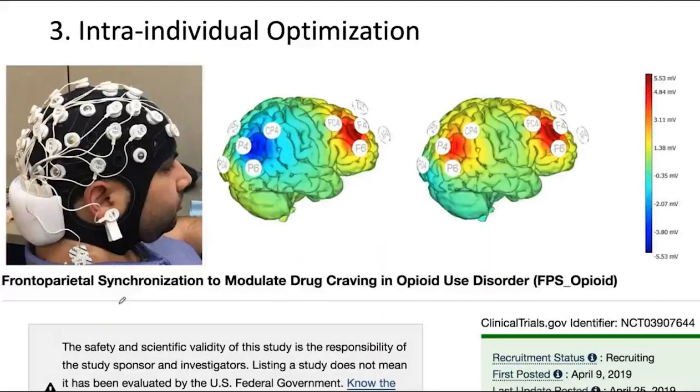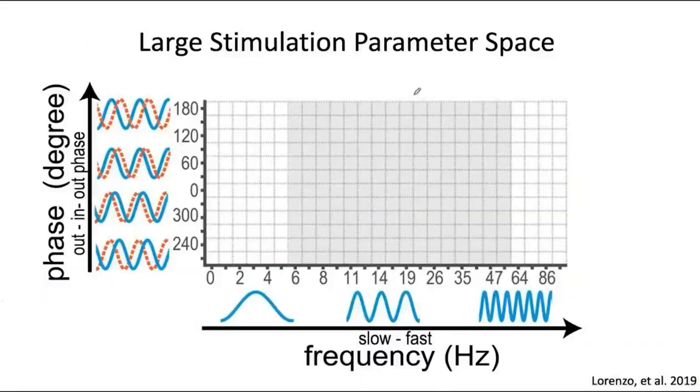And what we do is the stimulation protocols that I told you about, with frontoparietal synchronization. We can do stimulation at different frequencies. When we stimulate two sites, we can synchronize them at different frequencies, and we can even make a little bit of phase difference between the stimulation we put in the frontal part and the parietal part.